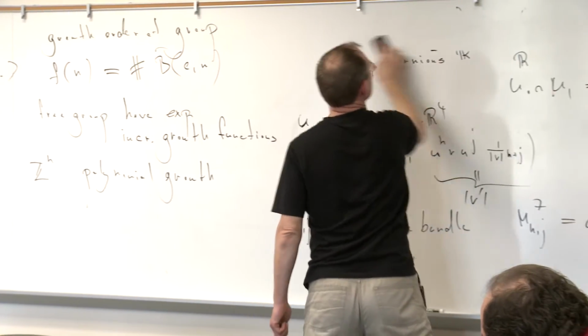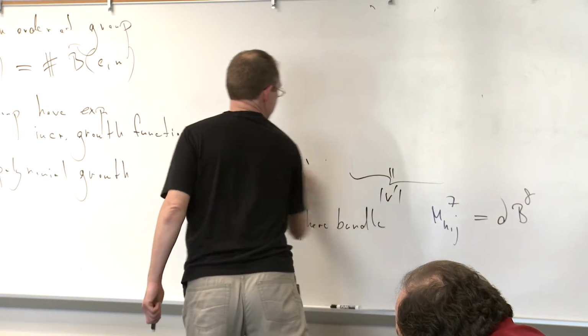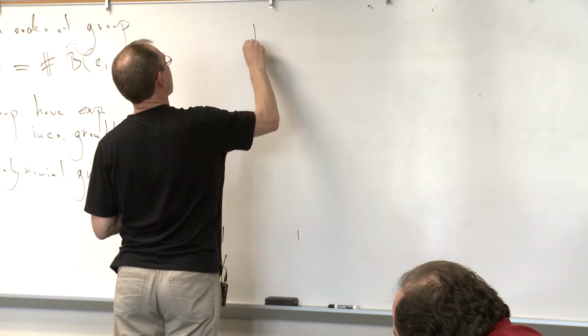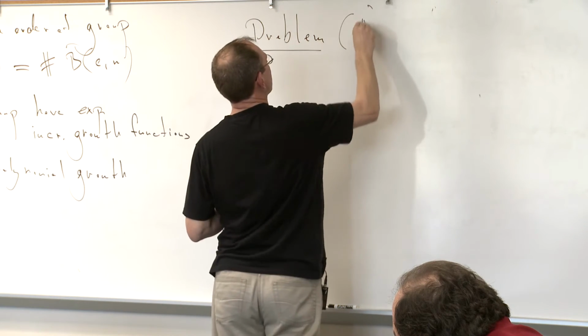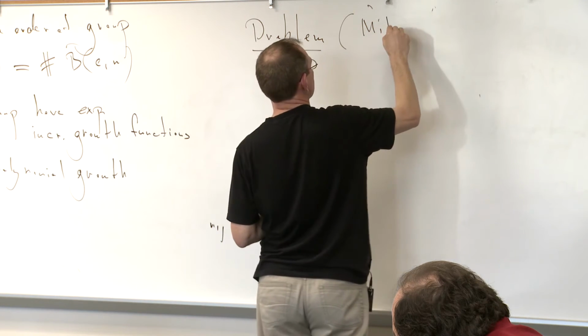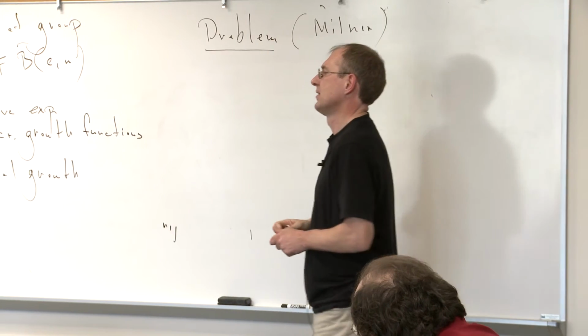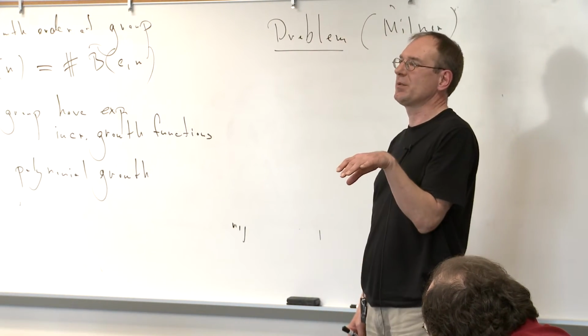This already motivates the first question here. It's actually a problem also due to Milnor. I forget when he raised it, maybe also in the 50s, 60s. So we have exponential growth, we have polynomial growth. Is there anything in between?